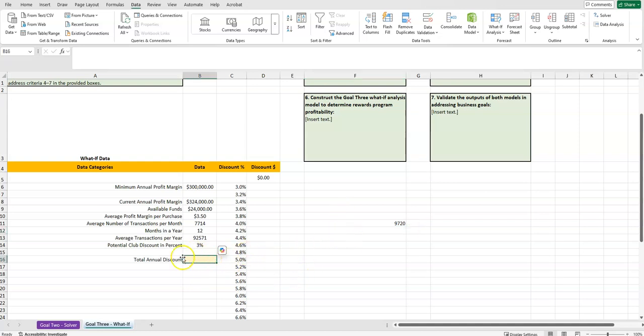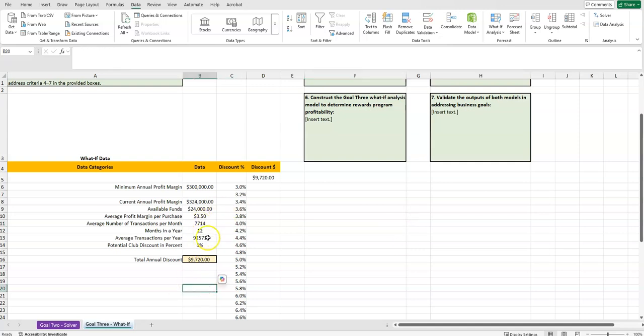I actually need to put it in this block over here. For some reason it wound up over here. So I will do it again, and you can see how I do it again. Profit per purchase times how many purchases per year times the discount. And you get 97.20. Let me delete that block.